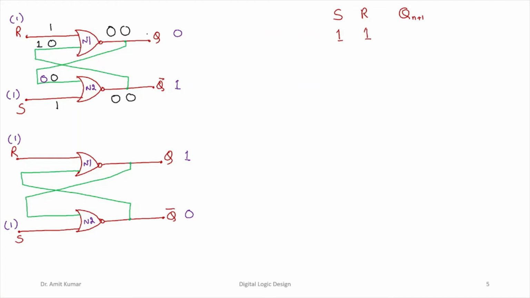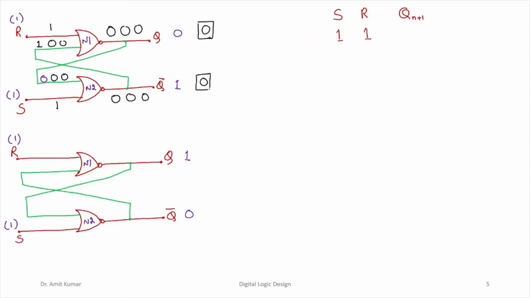What basically happens is, both of these outputs, that is Q and Q bar, are now fixed at the 0 value.